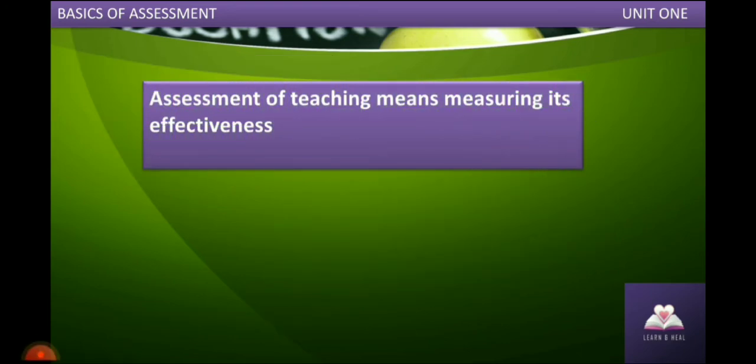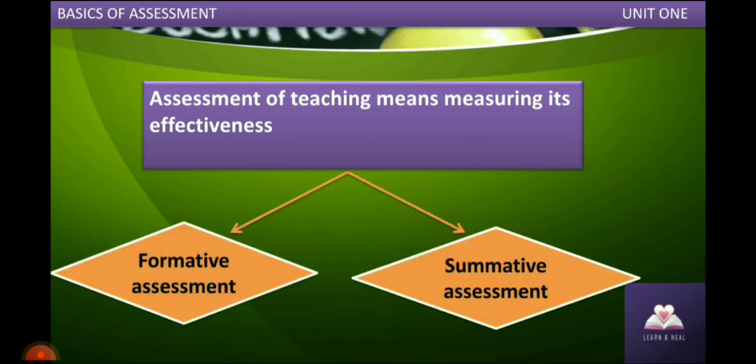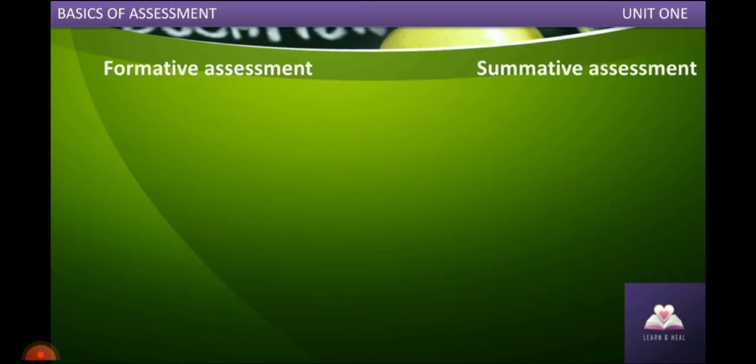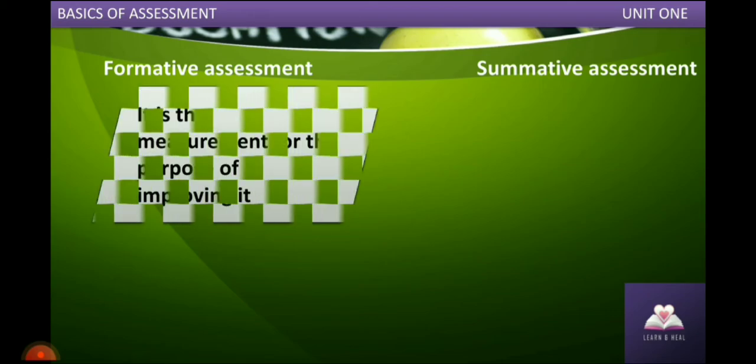This assessment of teaching means measuring the effectiveness. We can classify that into two types, formative assessment and summative assessment. Let us take a quick look at this. What are formative and summative assessment? We'll be studying in detail in the coming lectures.